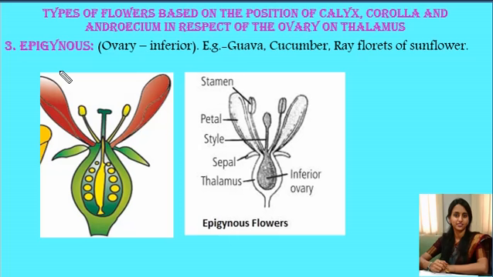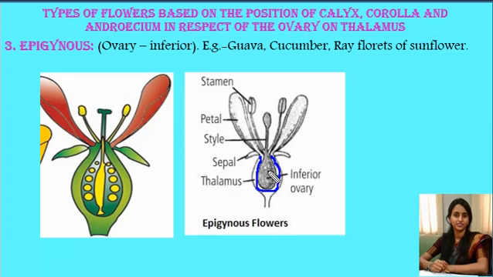What is epigynous flowers? In epigynous flowers, the thalamus grows upwards. Look at this. This is the thalamus. The thalamus grows upwards. As a result of this, the ovary is completely inside the cup-like structure formed by the thalamus.